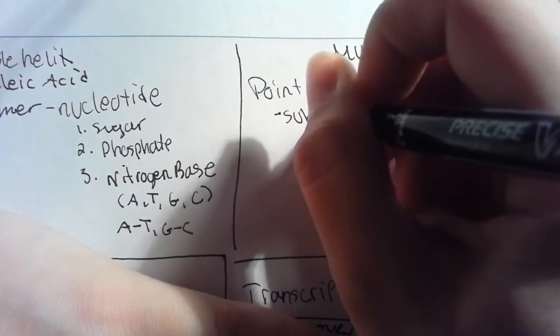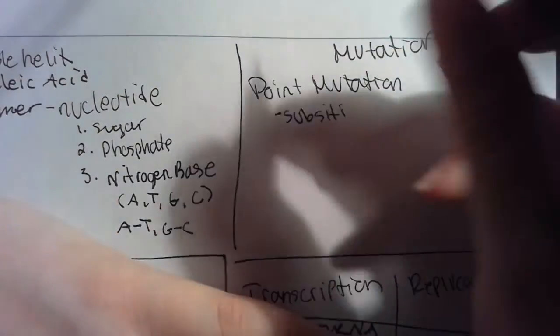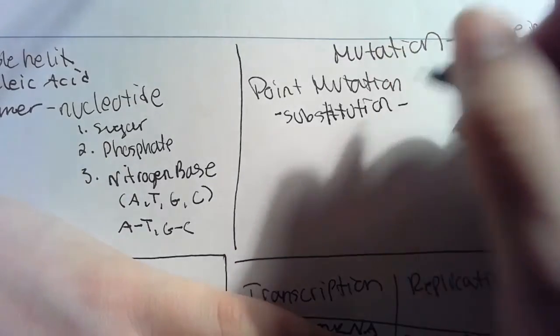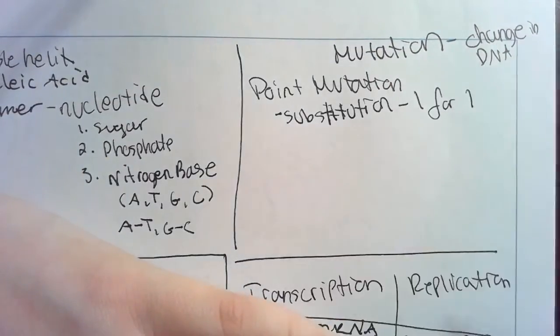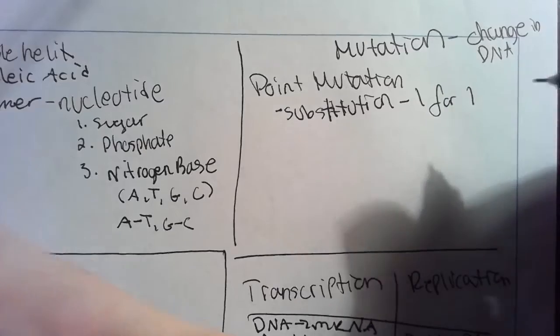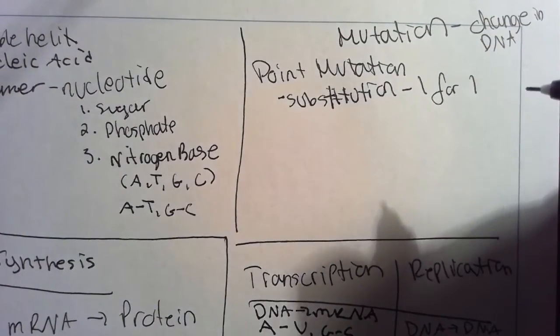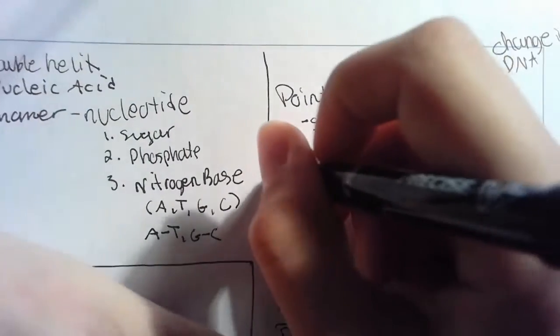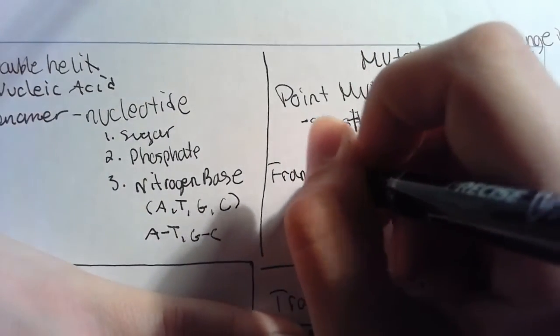Alright, so point mutation would be like substitution. Okay, wow, I cannot spell. Substitution. Okay, so that's like one base for one base. So that's like if I had a sequence, I would plug like a G for a C or something like that. G for an A. Doesn't matter. Alright, the other thing I have is a frame shift mutation.